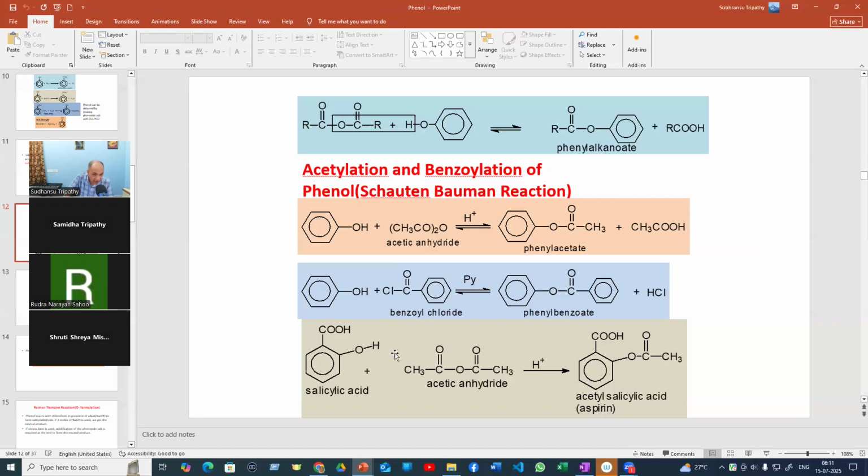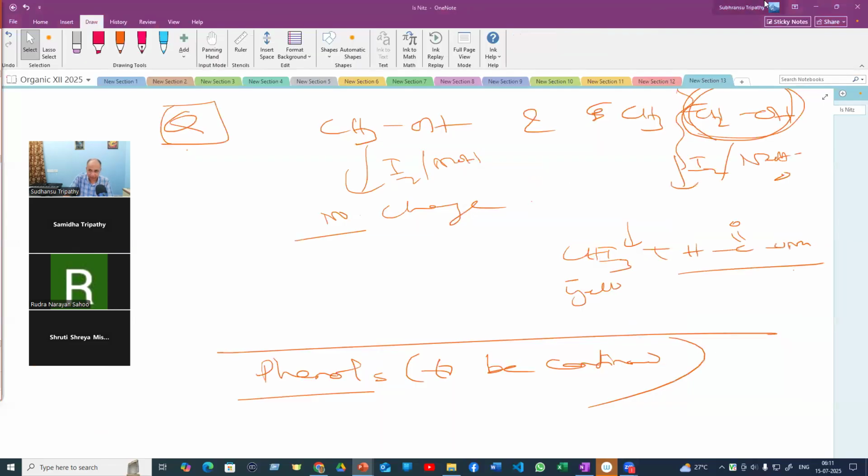Nothing will happen here, because this is a nucleophilic acyl substitution happening with this acting as a nucleophile, and this OH is acetylated. To name this, we will call it acetyl salicylic acid. Or if you become very strict, you will say 2-acetyloxy benzoic acid.